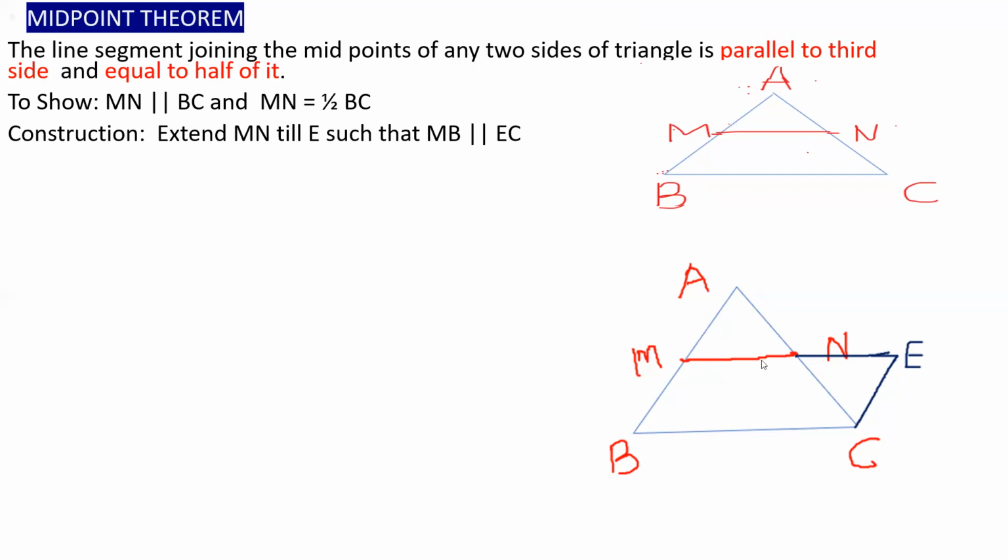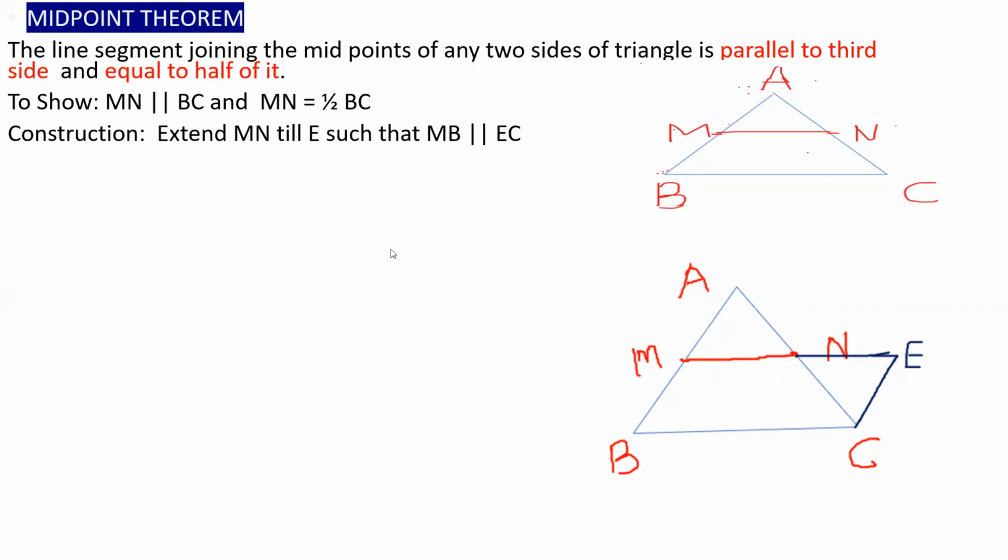It means that you have to show that MECB is a parallelogram and N is the midpoint of ME. Then you can show that MN is parallel to BC as opposite sides are parallel in a parallelogram, and as N is the midpoint, ME is equal to BC. Therefore, 2MN is equal to BC. Therefore, MN is equal to half of BC.